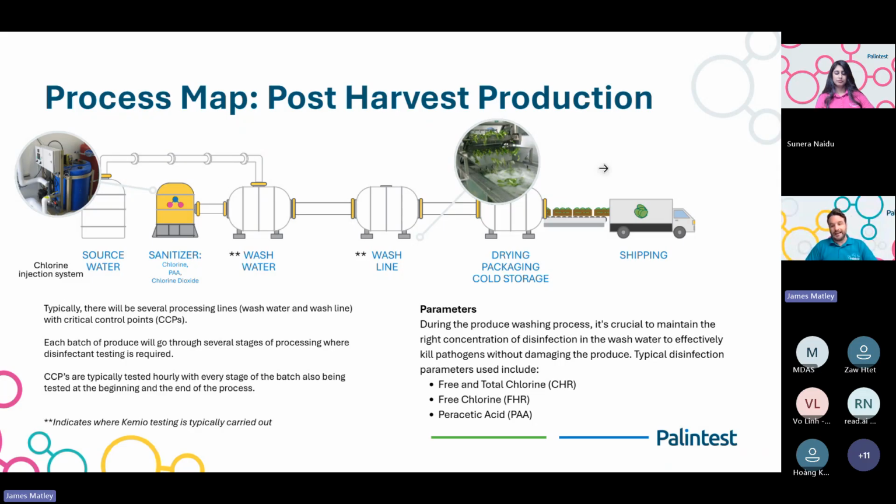Others may monitor at a stage where they're freezing the fruit, for example, to ensure that the PAA levels are low enough at that point as the fruit goes out. Other areas include X-rays or metal detectors. So these vary from site to site, and also due to regulation, they can vary. Typical parameters include peracetic acid, chlorine, and free and total chlorine, as well as chlorine dioxide.